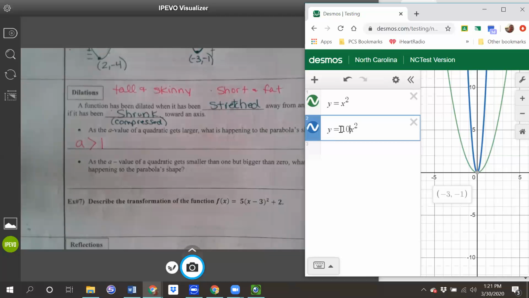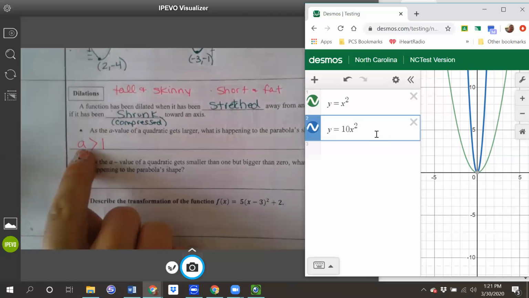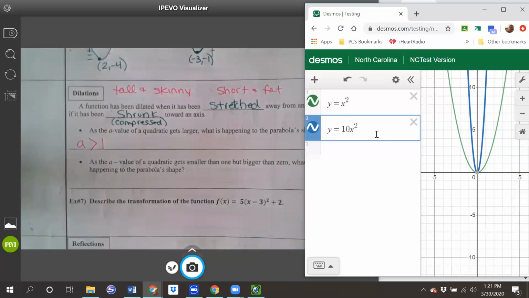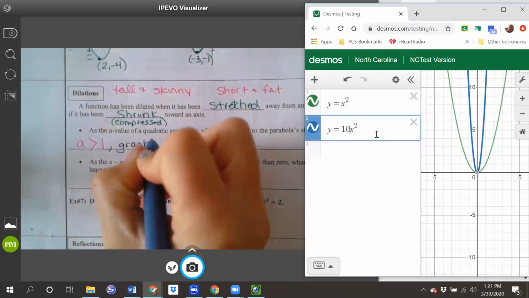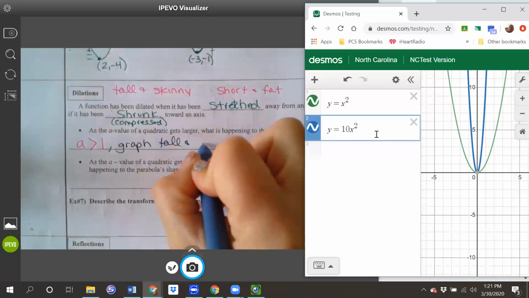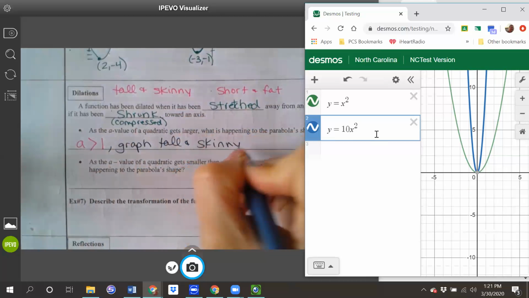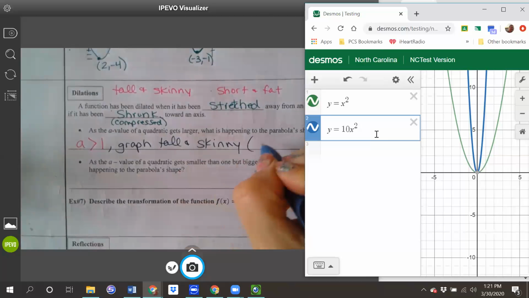What is happening the bigger this number gets? The skinnier, right? The taller and the skinnier that parabola gets. So if I make my A bigger, that means that the graph is getting tall and skinny, which we call a vertical stretch.